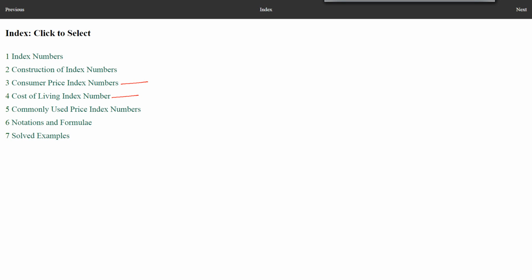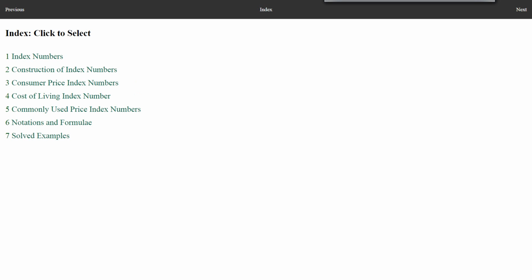We will also study some standard price index numbers such as Laspeyres, Paasche and Fisher's index numbers. After that, we will go through some notations involved for price index numbers, and finally we will solve some numerical examples on index numbers.